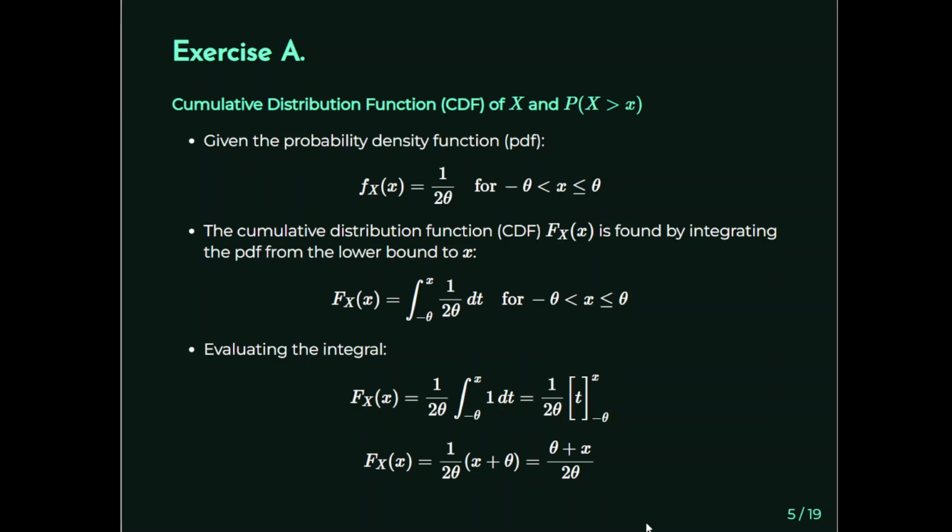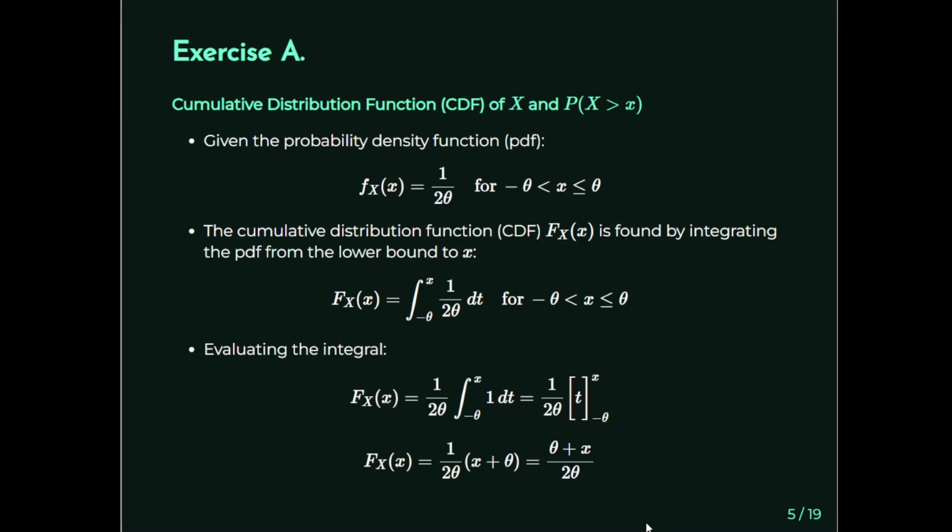The integral of 1 dt is t, so you have 1 divided by 2 theta, evaluated between minus theta and x. So F(x) equals 1 divided by 2 theta times (x minus minus theta), which is (theta + x) divided by 2 theta. That's the cumulative distribution function of x.